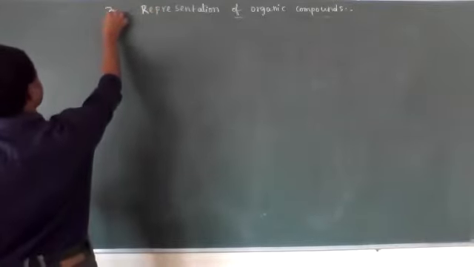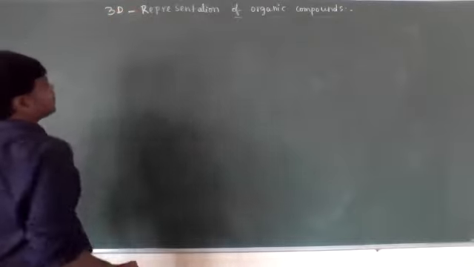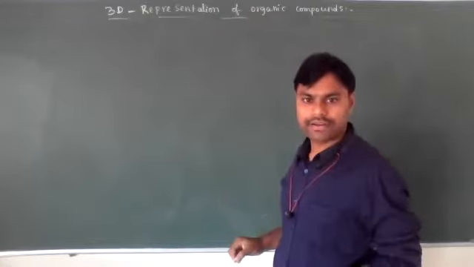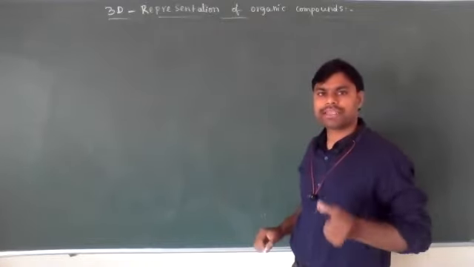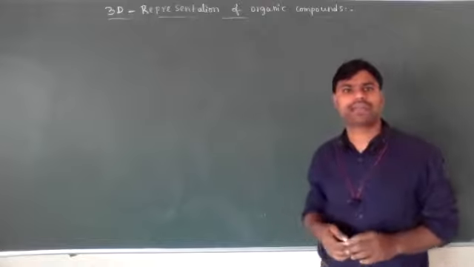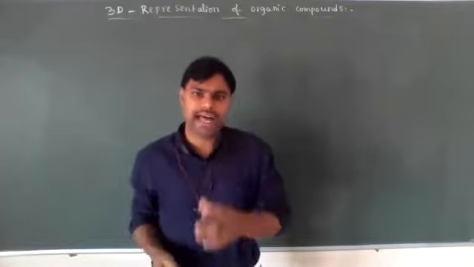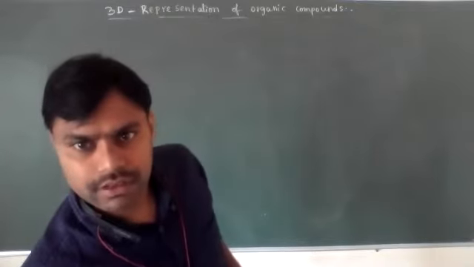3-dimensional representation of organic compounds. How to represent the 3-dimensional representation of organic compounds? Carbon valency is tetravalency.